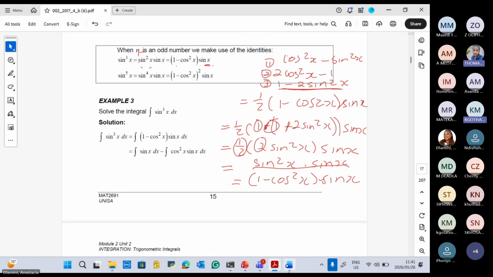If you use the second identity, it will give you cos, and then you still have to use 1 minus something again. So stick to these identities here. When you have even, the identity in your mind is sine squared x plus cos squared x equals 1.